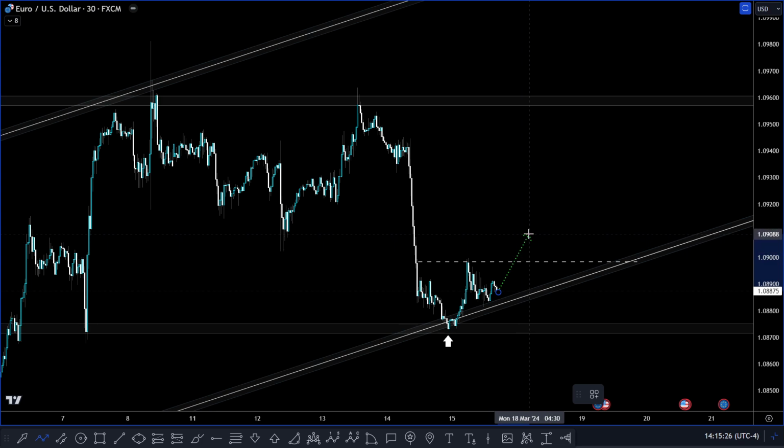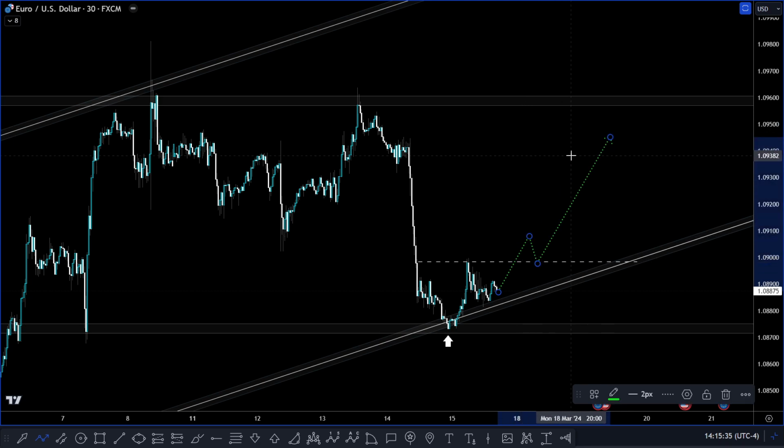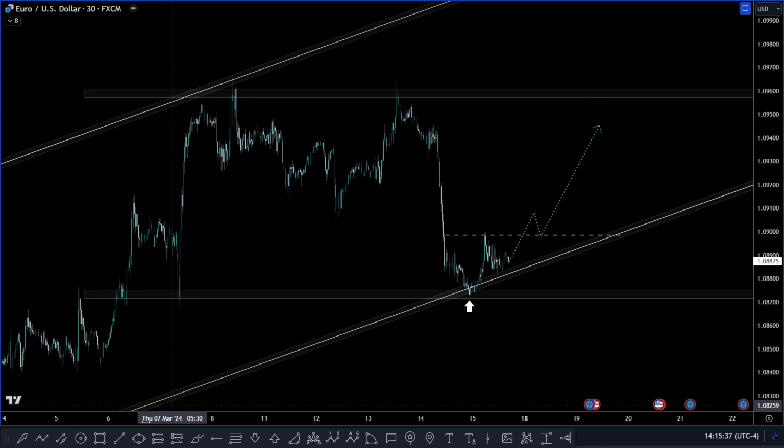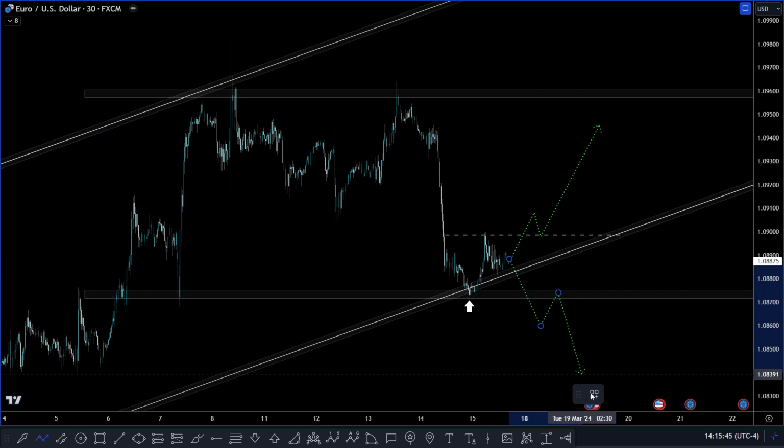If we see a break of this area after the bounce, and possibly a retest, we might be looking for some upside. On the flip side, if we see a break of this trend line, a break of this support, that could become bearish and we might be looking for some downside.